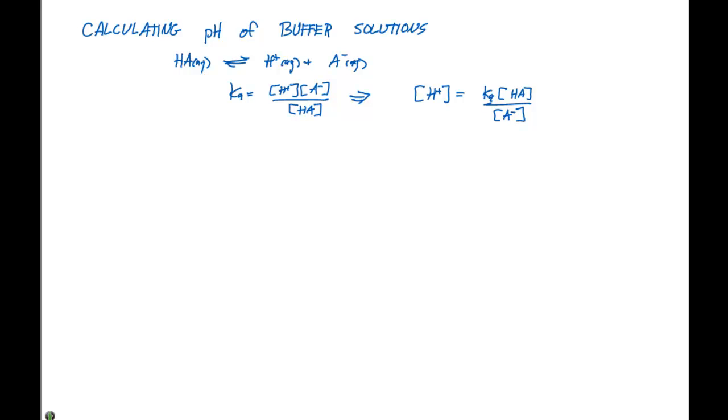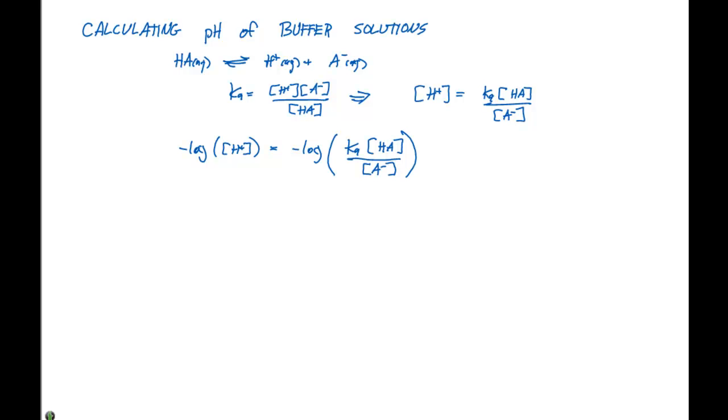If we wanted to figure out what the pH is, we could take the negative log of both sides. So the negative log of the H plus expression is going to equal the negative log of the Ka times the concentration of HA divided by the concentration of A minus.